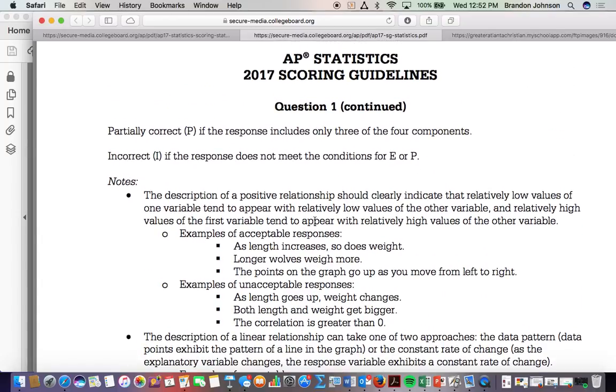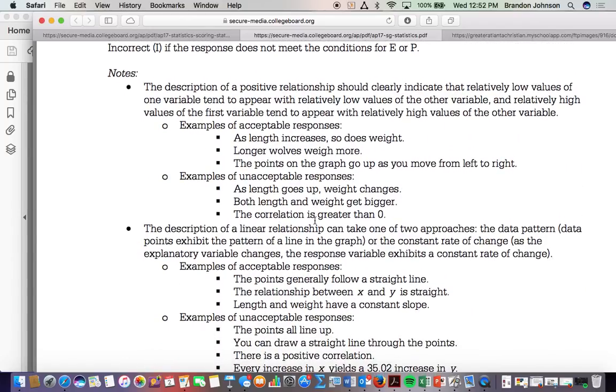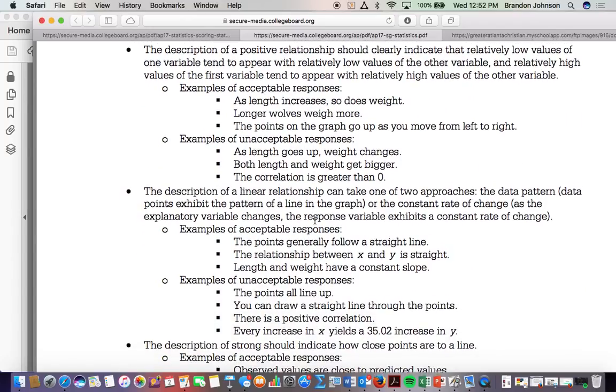So for each meter, each 1 meter length increase of x, the weight of the gray wolf goes up 35.02.